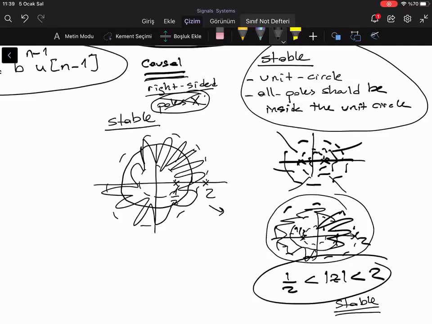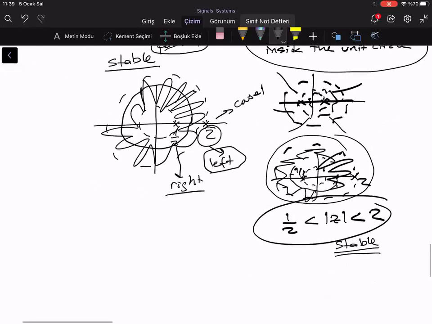So the part of the signal which is about this pole should be left-sided, and this one should be right-sided. So if I have anything like left-sided, then the system will not be causal. Why? Because if this is left-sided, then I will say 2 to the power n u minus n minus 1. And this is right-sided, 1 over 2 to the power n un.